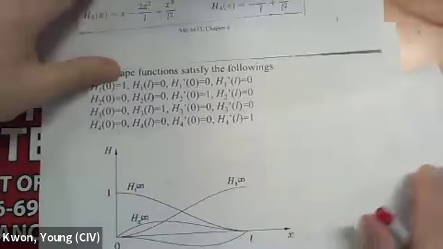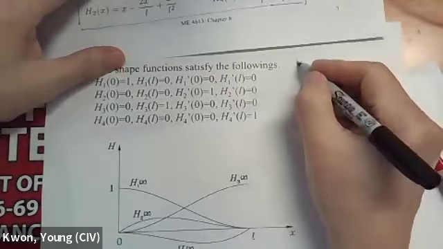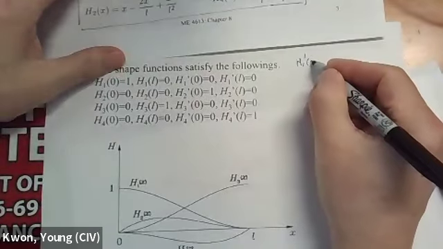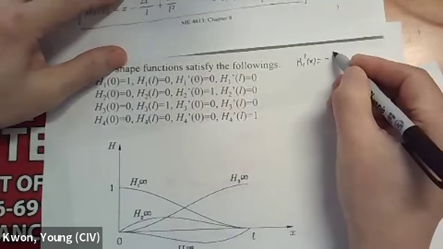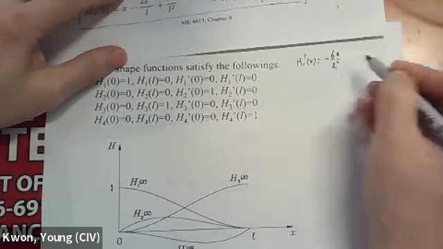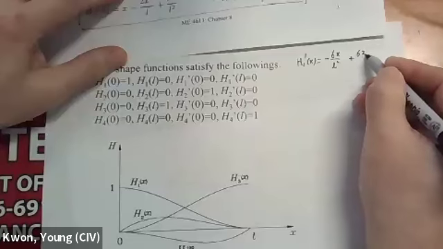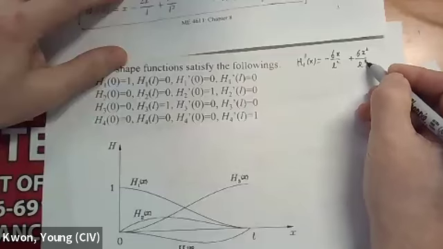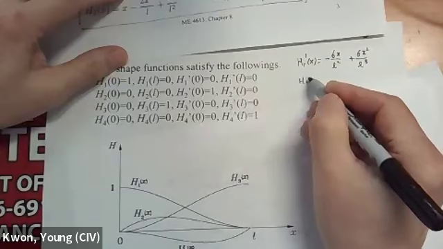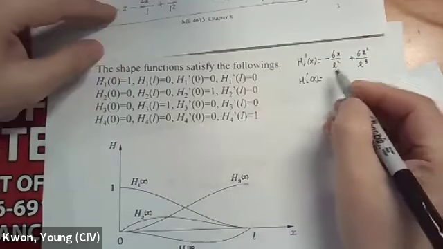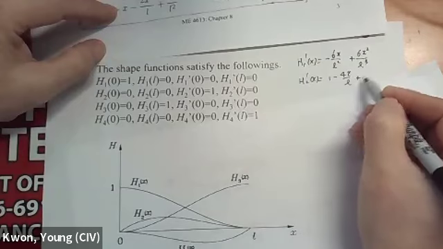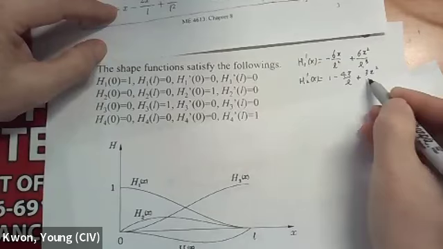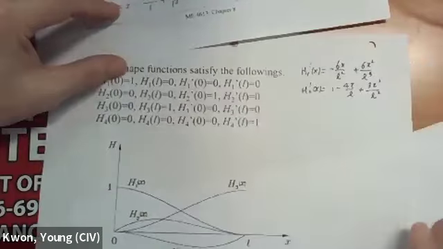So let's show here what is H1 comma x, the derivative with respect to x, which is going to be negative 6x over L squared plus 6x squared over L cubed. And H2 comma x is going to be 1 minus 4x over L plus 3x squared over L squared.